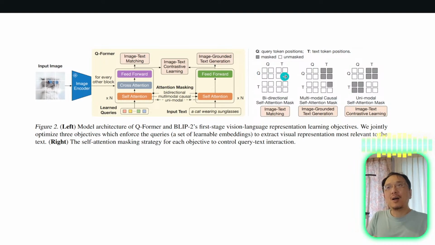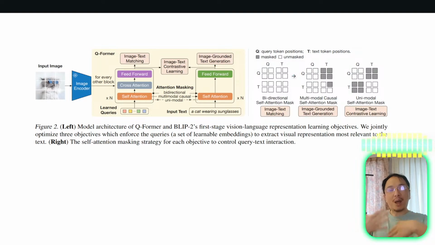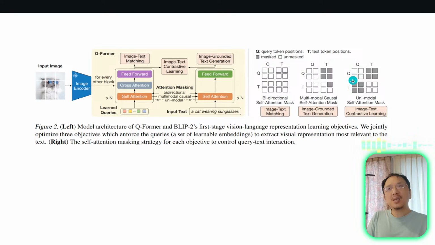And for the image-text matching, nothing is masked out because it is a binary classifier. We consider query and text all together. And for the text generative task, the text can see the query, but the text can only see autoregressively. It can see previous text. So kind of like that.